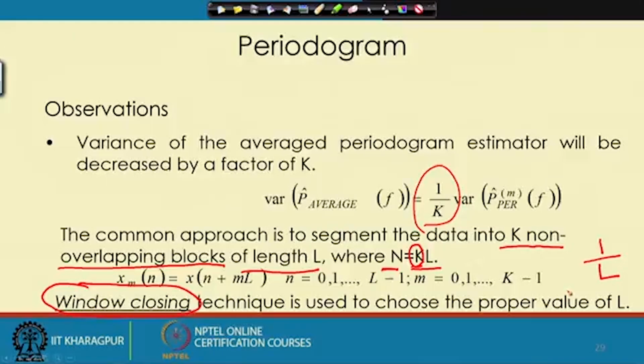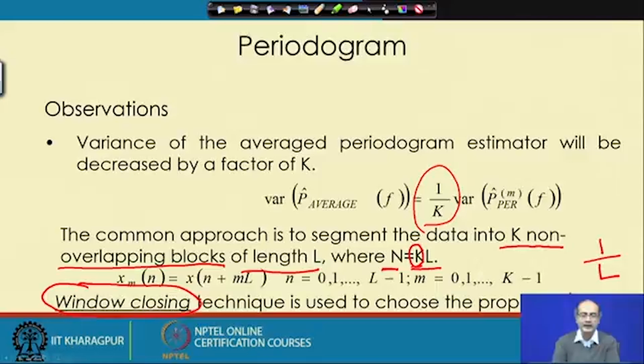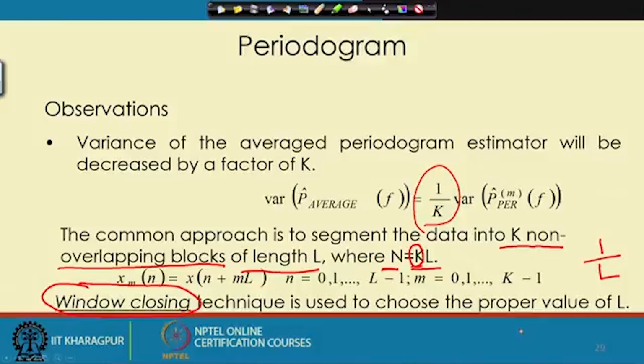So, what we do in the window closing method: initially we start with one sequence of the whole data and we see how the PSD looks. It will give the highest frequency resolution, at the same time maximum fluctuations in the PSD, a very fluctuating estimate.